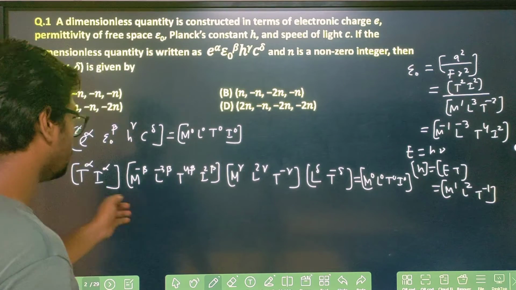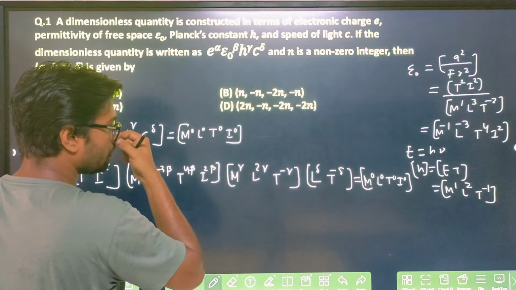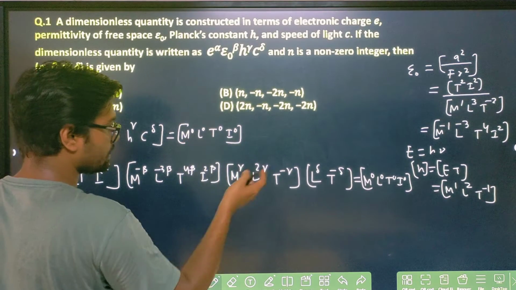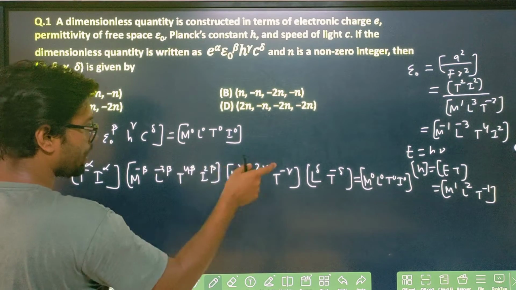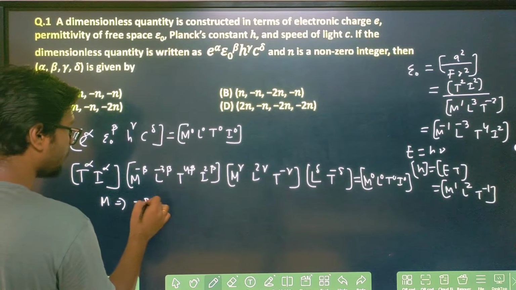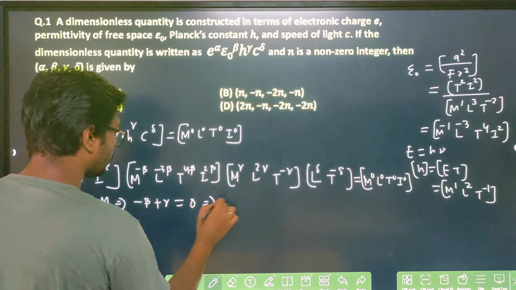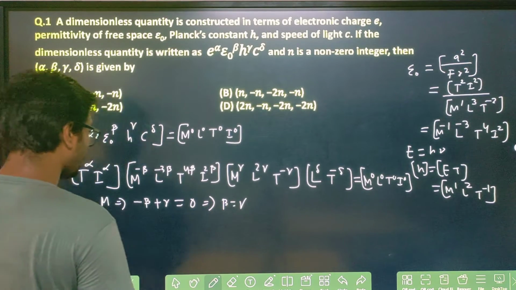Now see, comparing LHS and RHS, first the power of mass. It will be minus beta plus gamma equal to 0, so beta equal to gamma.